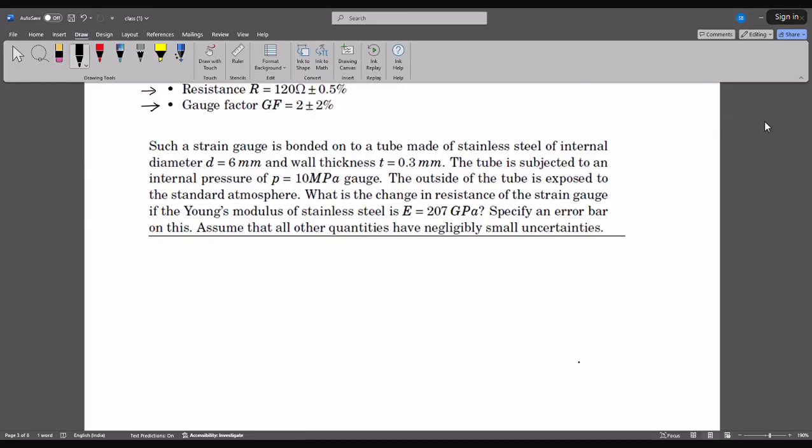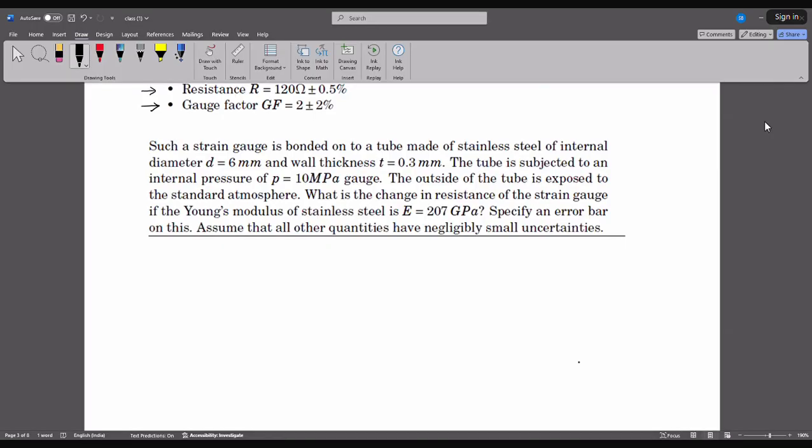What is the change in resistance of the strain gauge? That is the delta R over R. If the Young's modulus of the stainless steel tube is given as 207 gigapascal, you calculate the change in resistance, also specify an error bar. Assume that all other quantities have negligibly small uncertainties.